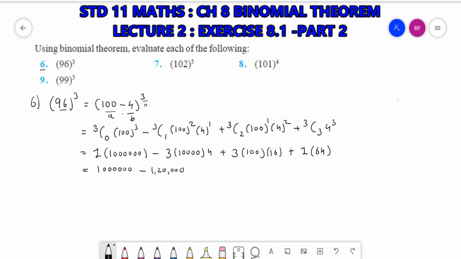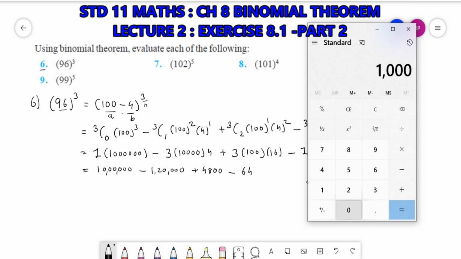Okay, let me put it here also, so it will be easy for us to add. Plus 16 into 3, 48 into 100, 4800. Plus 64 into 1, 64. Sorry, in the last case it will be minus. So this will be equal to 10 lakh minus 1,20,000 plus 4800 minus 64. Okay, so let's calculate it.